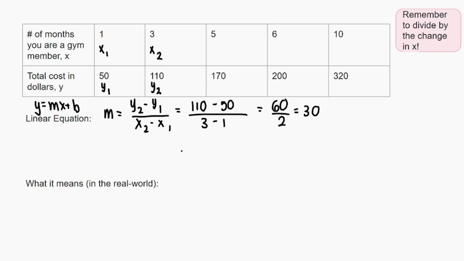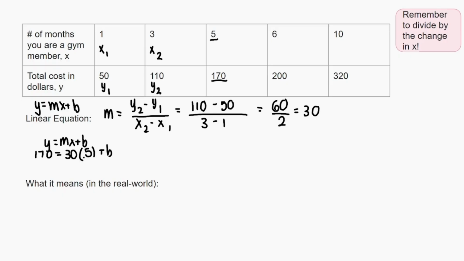Since we know that all the points here are going to be on the same line, we can choose any of these points to plug in. Why don't we choose these 2 points just for fun? So to plug it in, we have y equals mx plus b. We know that y in this case is 170, m is 30, and x is going to be 5.